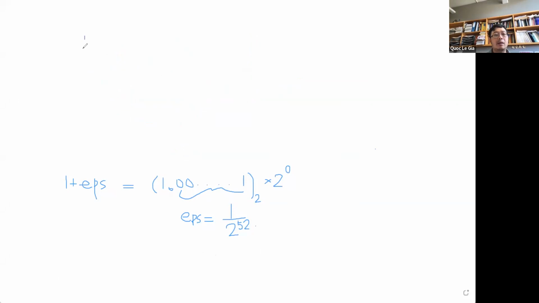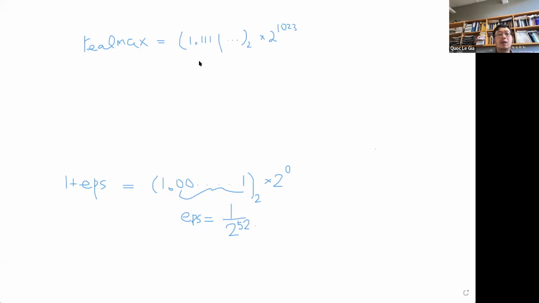So real max is this number: you have 1 at the beginning and everything is 1 1 1 1 to the last digit, and then you multiply with 2 to the E max, and remember in double precision, E max is just 1023, the maximum power you can get.